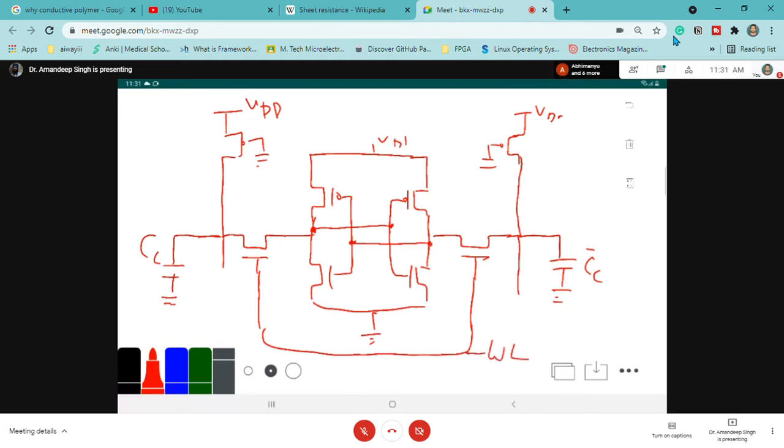Okay, and here I'm going to number the transistors. This is 1, this is 2, this is 3, this is 4, this is 5, this is 6. Okay, and let this be Q and this be Q bar.